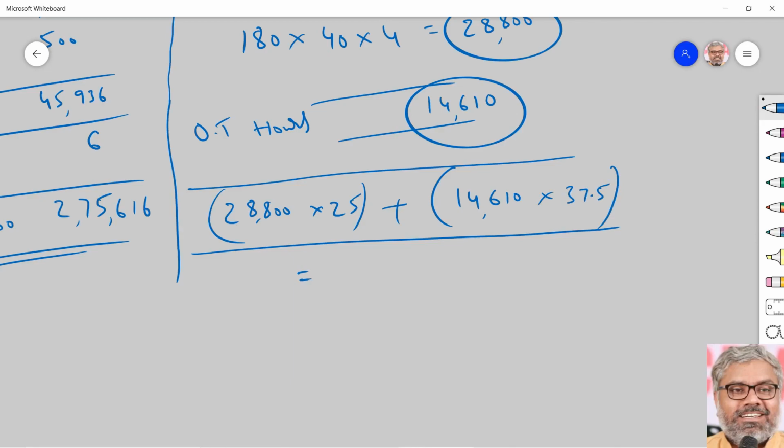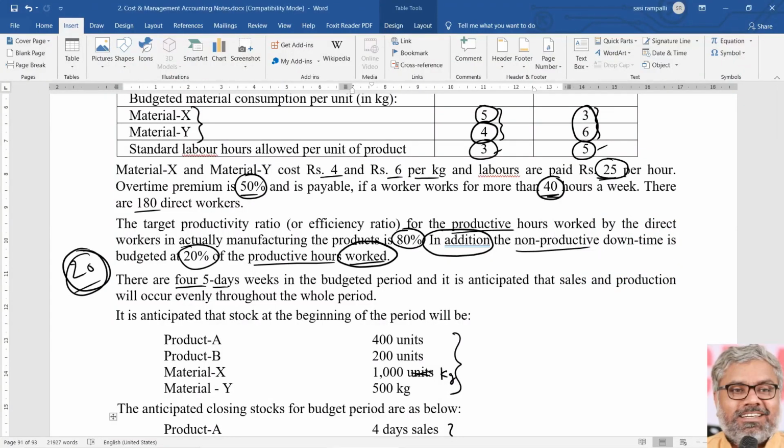Labor cost 28,800 into 25, 14,610 into 37.5. So the total wages supposed to be paid adding both will be 12,67,875. That's what is asked also.